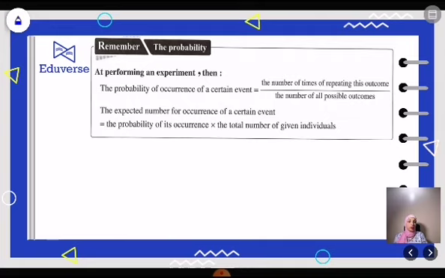First of all, you have to remember that the probability of the impossible event is 0, the probability of the certain event is 1, and the probability of occurrence of an event, if you want to get that event, is the number of times of repeating this outcome over all the possible outcomes. Expected number, that's the only part you are studying more. The probability of its occurrence multiplied by the total number of the given individuals.